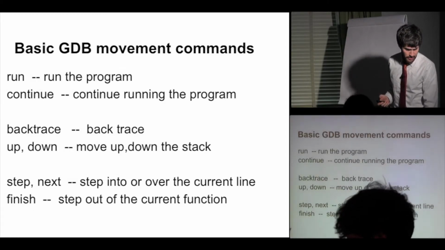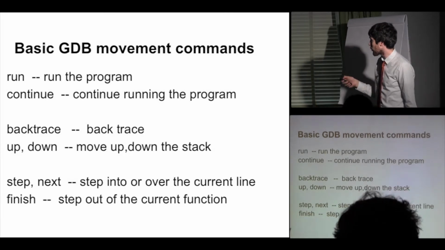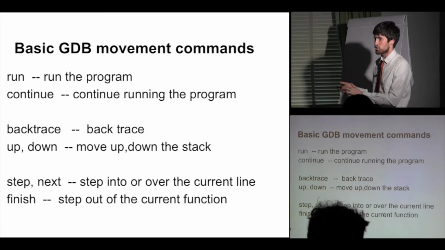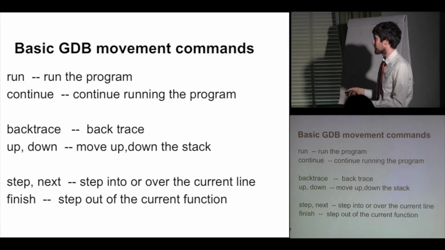Okay, so the basic idea of GDB is that you can run a program, and then if you stop it with, say, Control-C, or you can pause the program by running into a breakpoint, then you can step through the execution of the program.